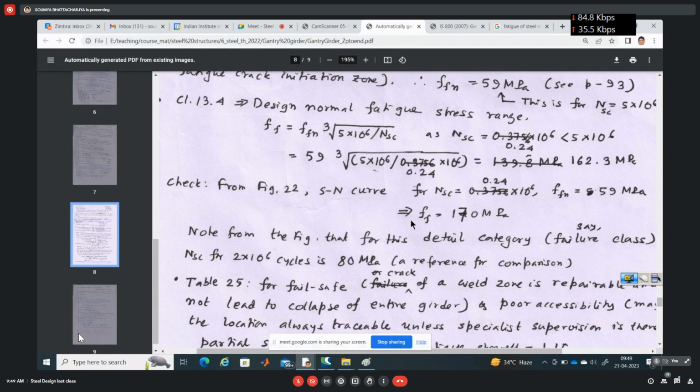So we understand the strength of fatigue in normal stress is 170 MPa, whereas if there is no fatigue related criteria, then the strength would have been 250 MPa. So because of fatigue, it has been reduced.